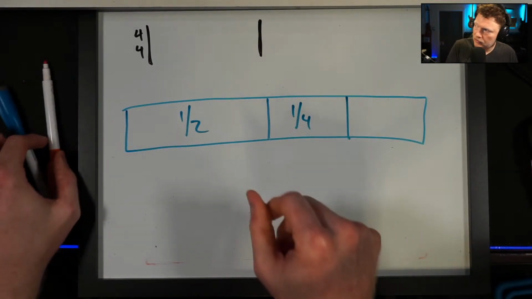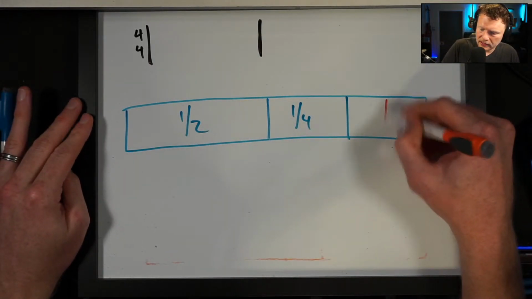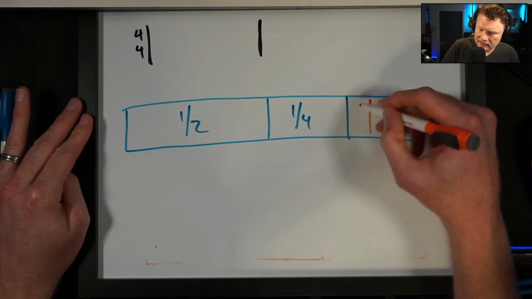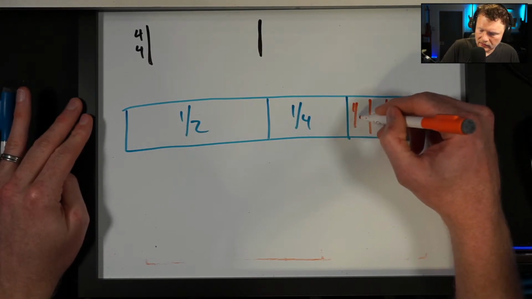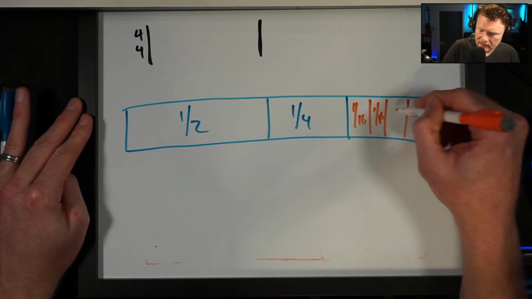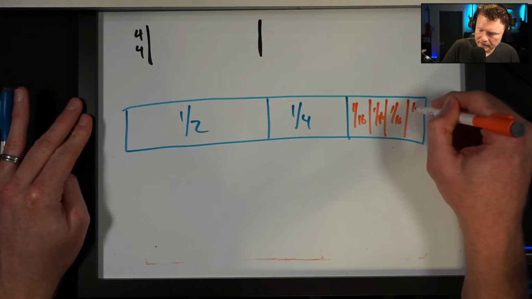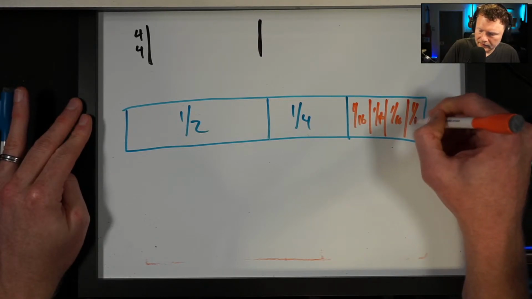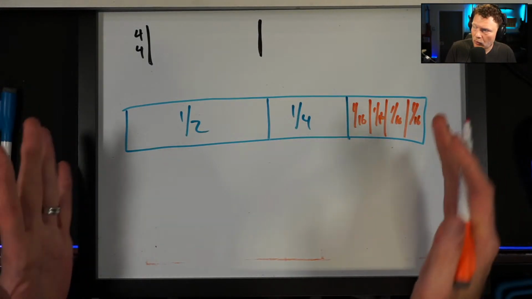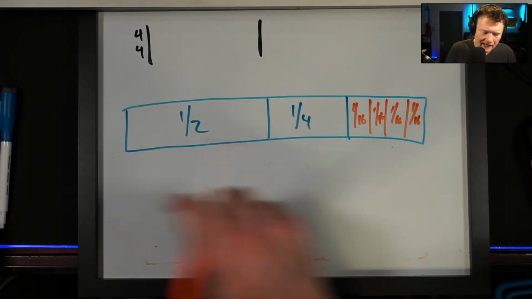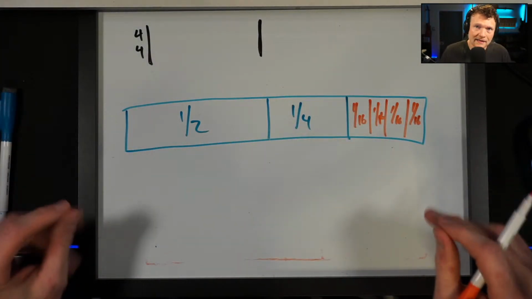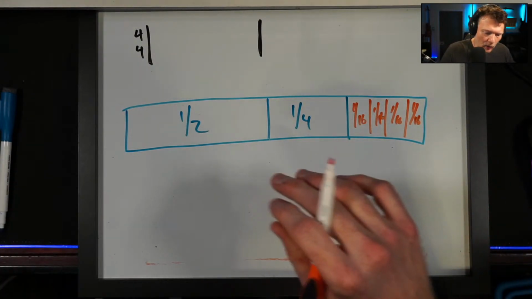And then maybe, you know what, let's get some slices for the kids here. And we're going to make these all 16th slices. Like that. So these all add up to that whole pizza, no matter how you divide it. They don't even have to be in any order, as long as they all add up to a whole pizza.